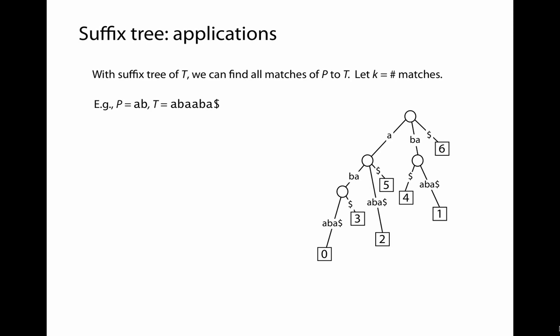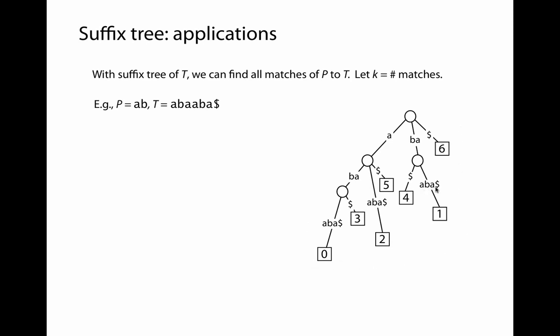So with a suffix tree of T, we can find all of the matches of P to T. We can also tell you where those matches occurred. So let's let k equal the number of matches of P to T. And let's use this example where our pattern P is AB and our text T is ABAABA, and we've added the $ sign. And so here's our suffix tree for that text.